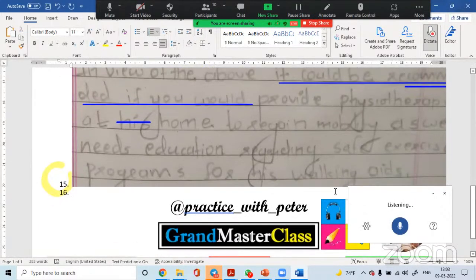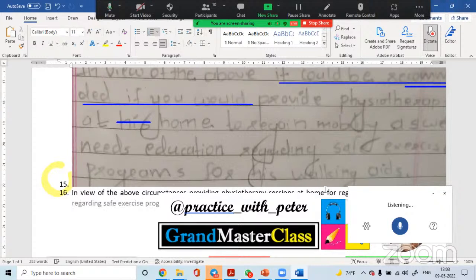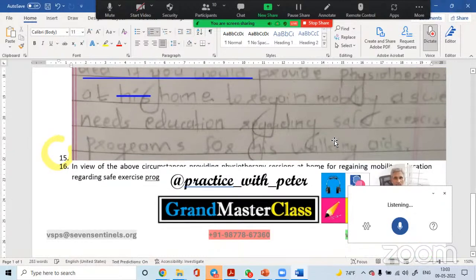In view of the above circumstances, providing physiotherapy sessions at home for regaining mobility, comma, education regarding safe exercise programs would be profoundly beneficial for Mr. Marquina.